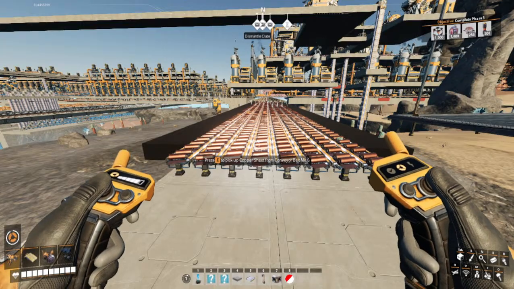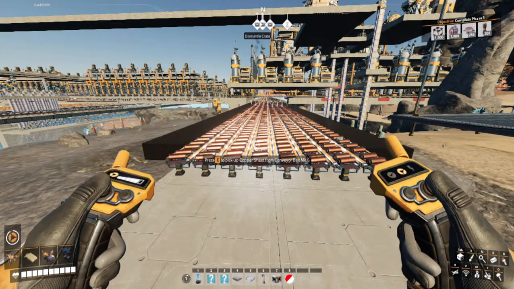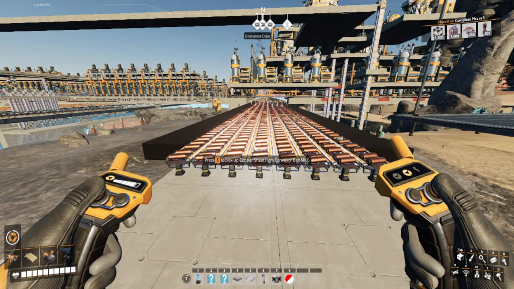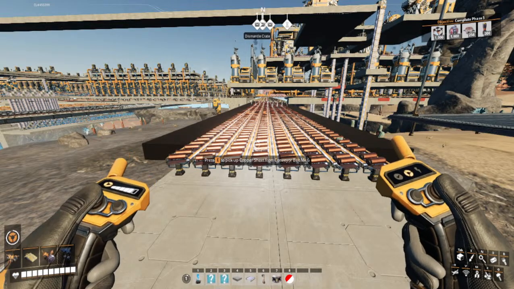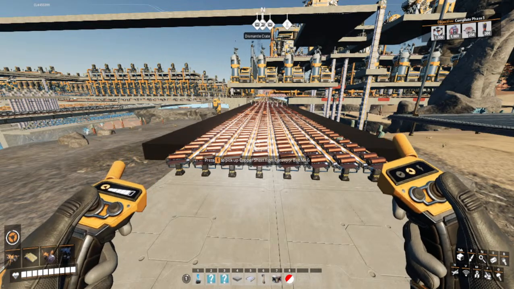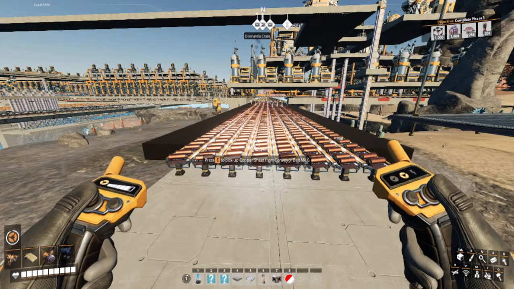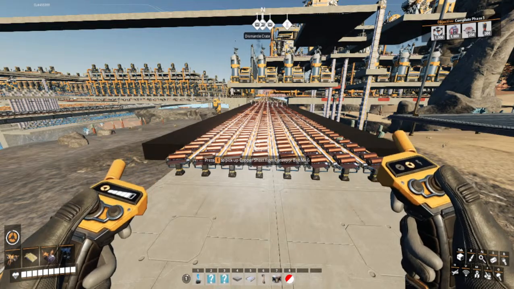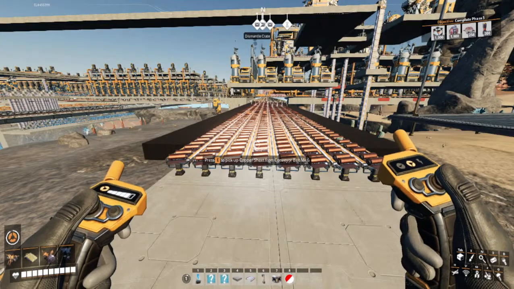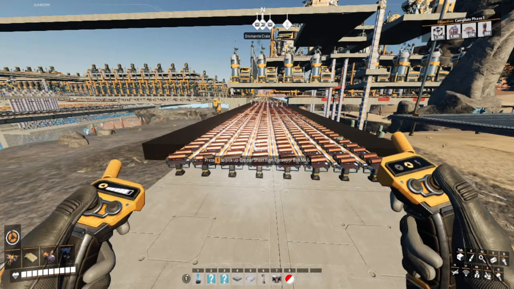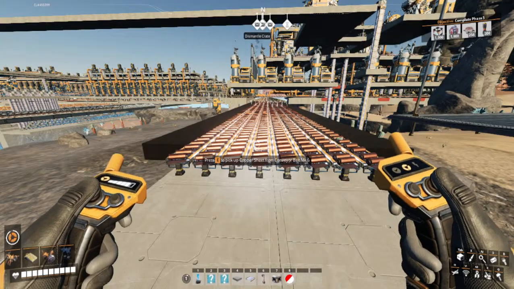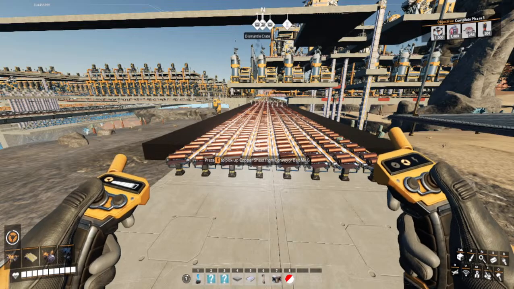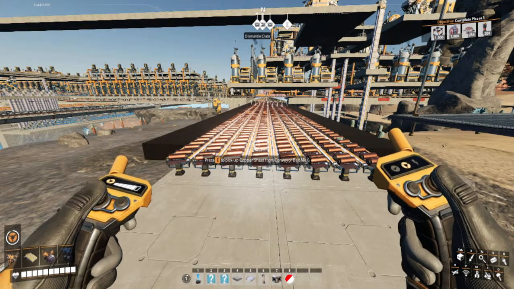Group it into 20. 1 belt of copper and 4 belts of quick wire. 1 belt and 4 belts. 1, 2, 3, 4. 1 to 4, so 1 to 4 ratio. That is copper, right? No. How is that?